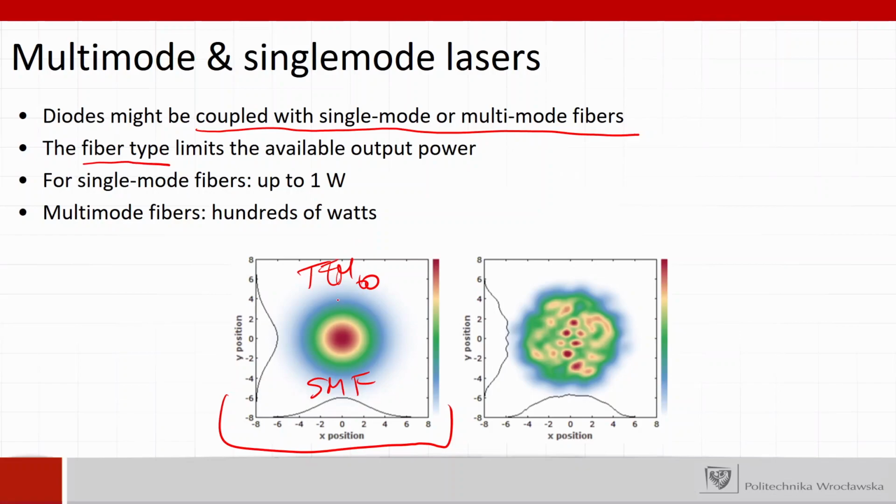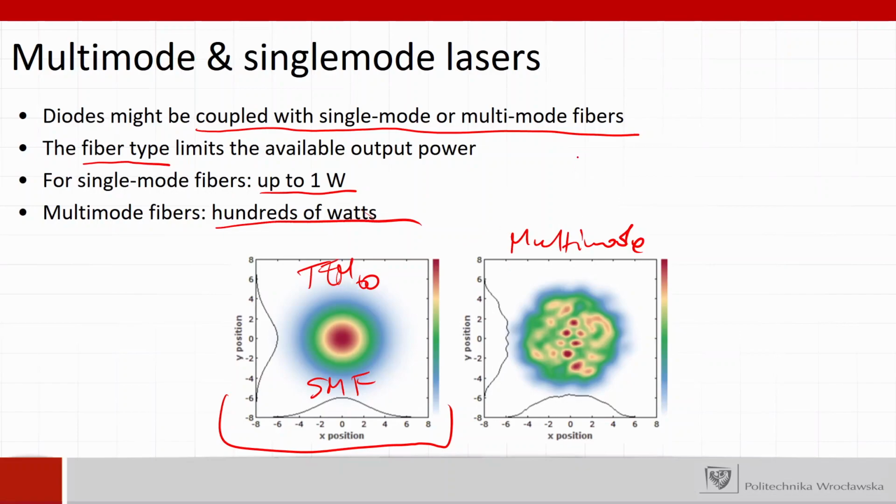Unfortunately, we limit the output power of this kind of diodes. So usually they are available with powers up to maybe 1 watt. But if we don't care about the beam quality and we agree with a very multi-mode transverse mode operation, then we can have even hundreds of watts coupled into one fiber.